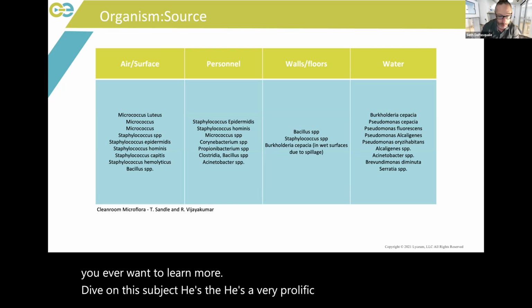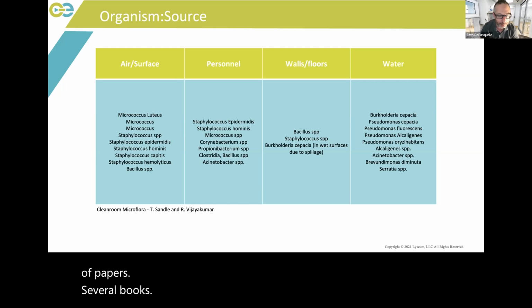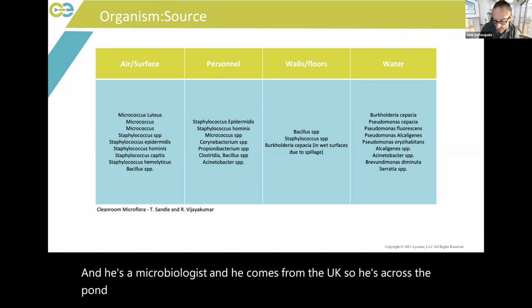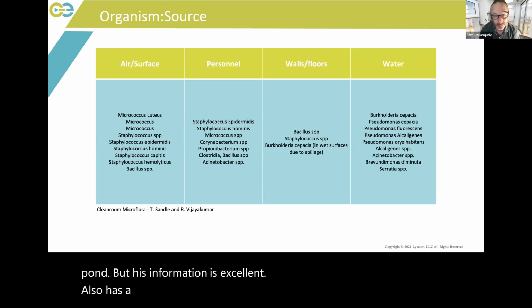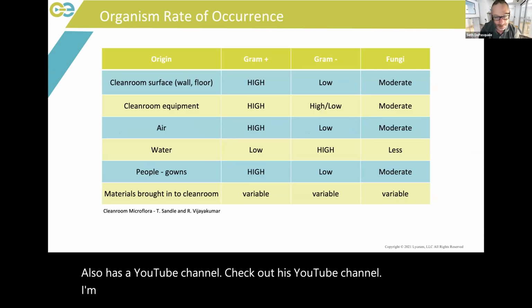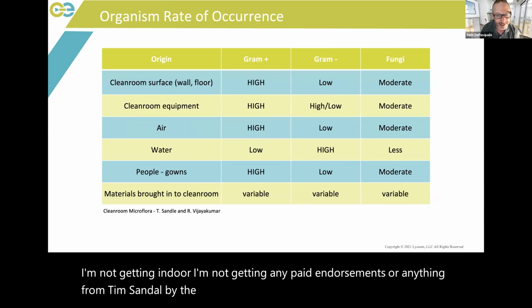He's written a ton of papers, several books, and he's a microbiologist, and he comes from the UK, so he's across the pond, but his information is excellent. Also has a YouTube channel. Check out his YouTube channel. I'm not getting any paid endorsements or anything from Tim Sandel, by the way. So it's just I like him.